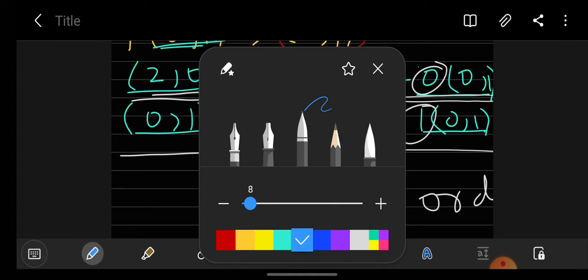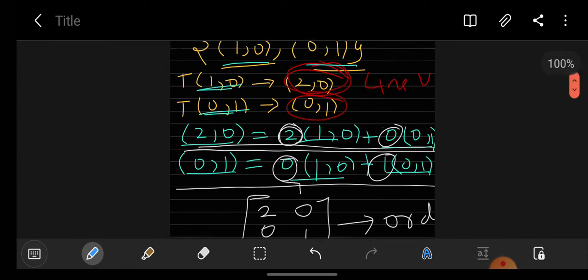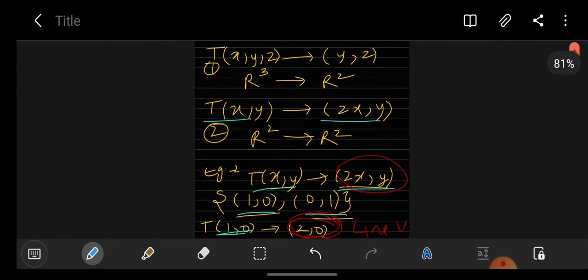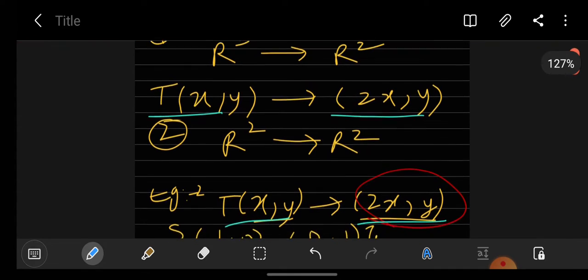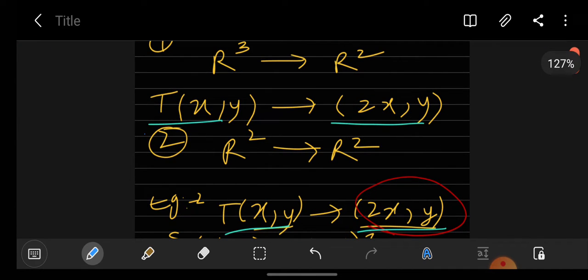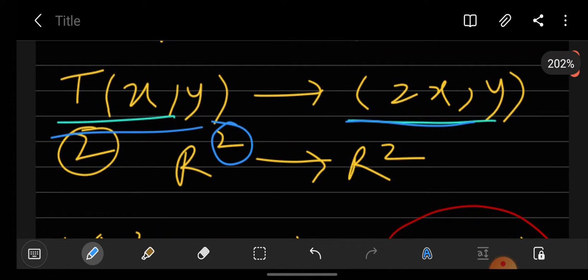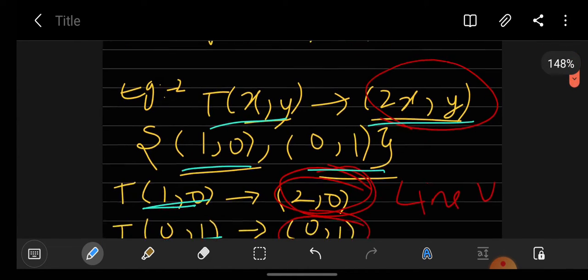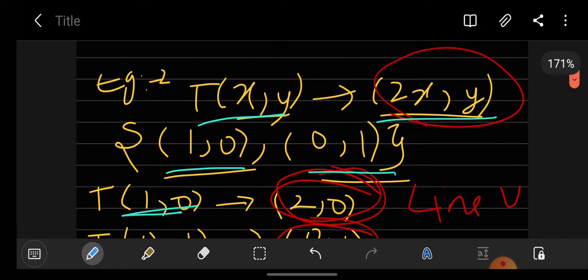If you want to understand easily, first of all, in a question they give you a linear transformation. If your linear transformation has equal dimensions, then first of all you have to put in your basis value, the value of the basis already given in your question.